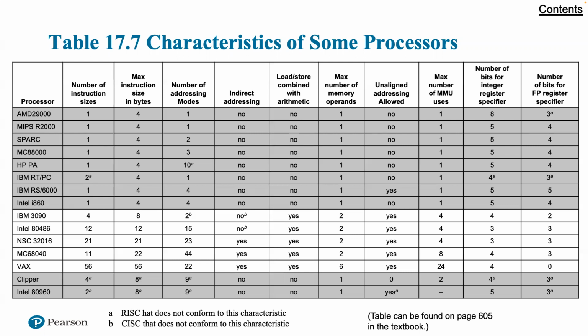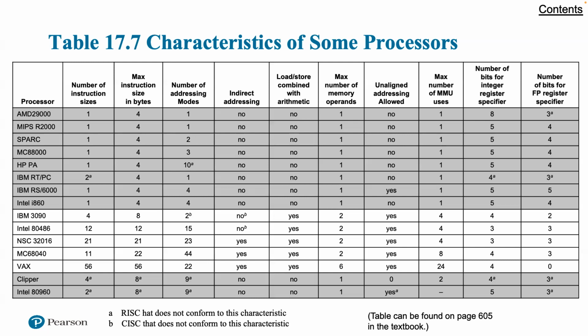Number 4, no indirect addressing that requires you to make one memory access to get the address of another operand in memory. 5, no operations that combine load/store with arithmetic, for example, add from memory and add to memory. 6, no more than one memory addressed operand per instruction.